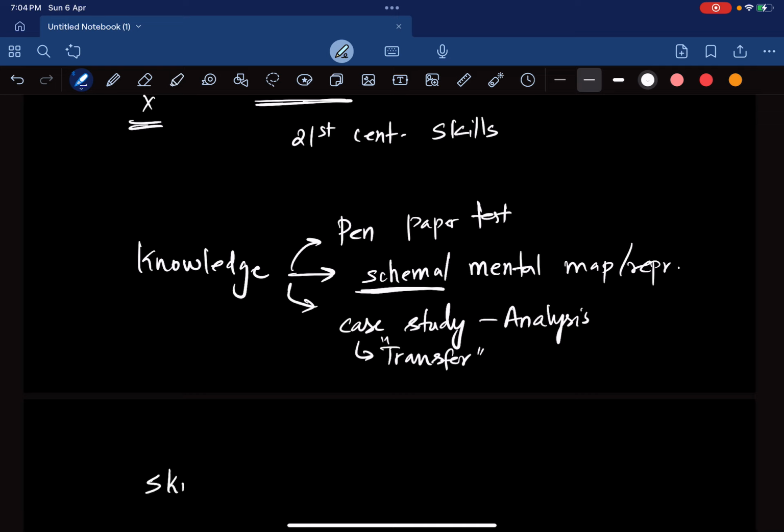If I have to test a skill, I may ask the students to perform the skill. If I'm a music teacher, trying to test if they've got a certain note right, I'll make them sing a song. I'll make them sing the particular note to test if they've got that skill.